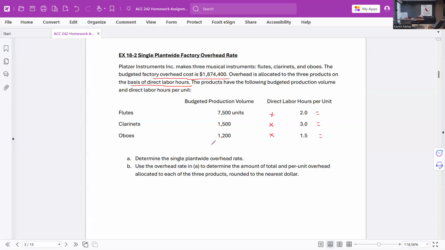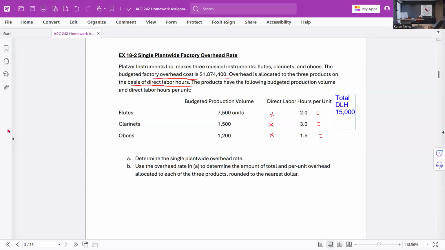So let me see if I can switch here, right, to typewriter mode. And what we need here is total direct labor hours. So let's see, 7,500 units times 2 hours is 15,000 direct labor hours.